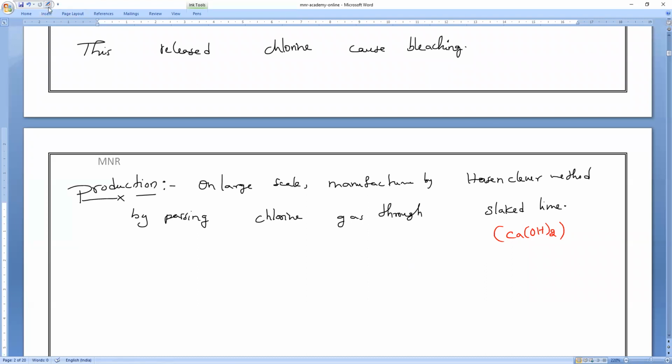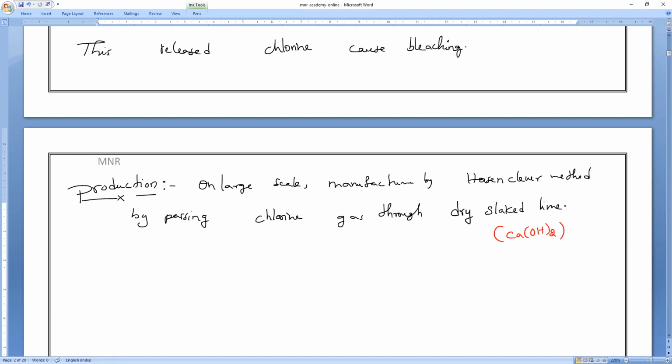What state? Aqueous state? For this reaction, we have to take dry slaked lime. So it is not in a dissolved form. We have to take dry slaked lime.